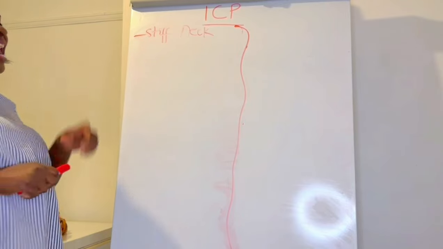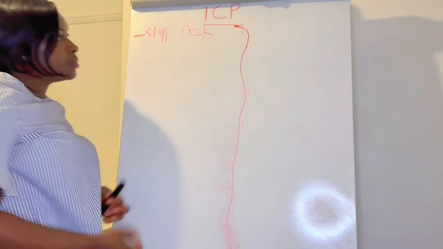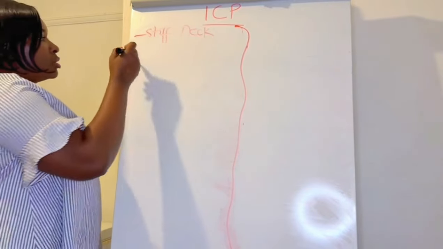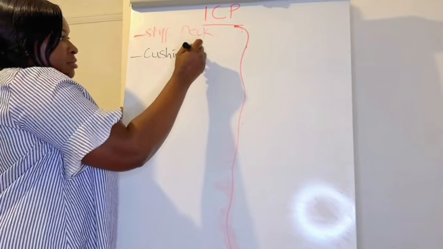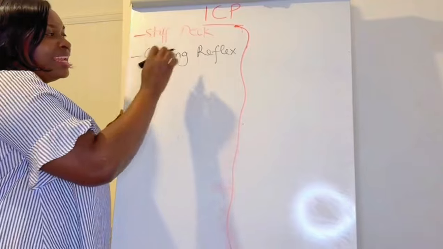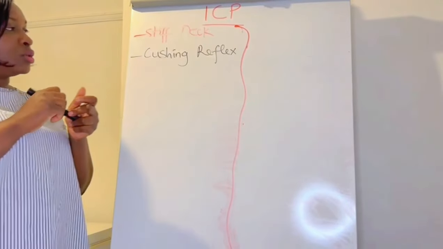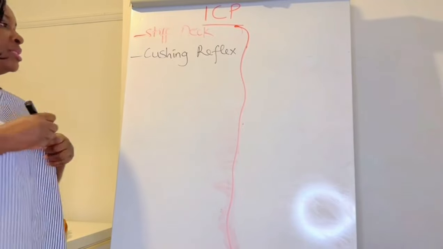Let's talk about an important symptom when it comes to increasing intracranial pressure, and we call that the Cushing reflex. It has no relationship with your Cushing syndrome, please. Either it's called the Cushing reflex or you call it the Cushing triad. What happens is still around the vital signs.